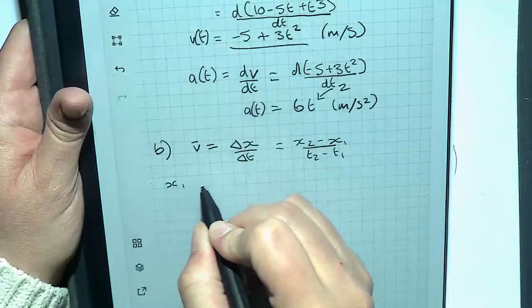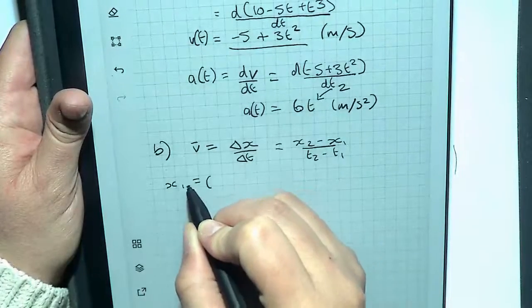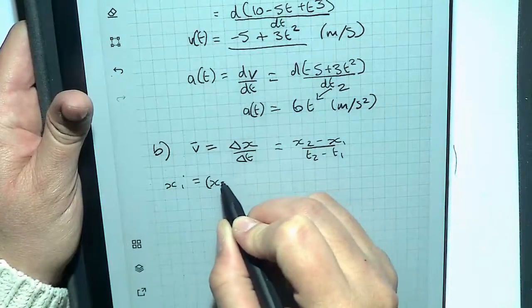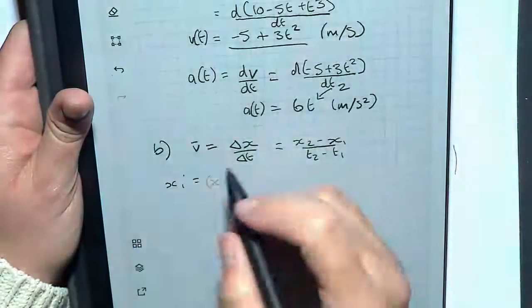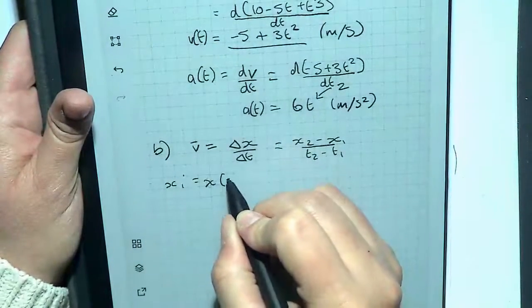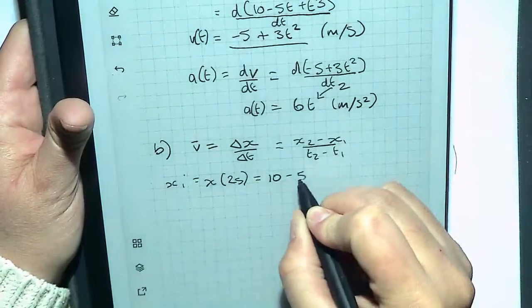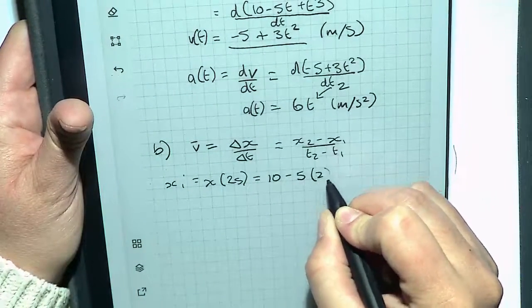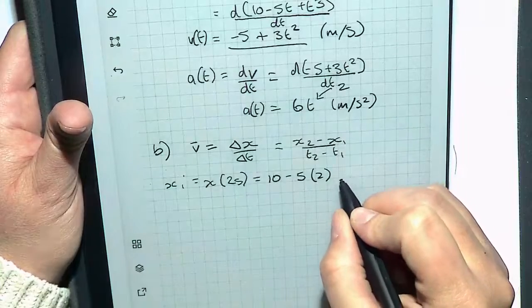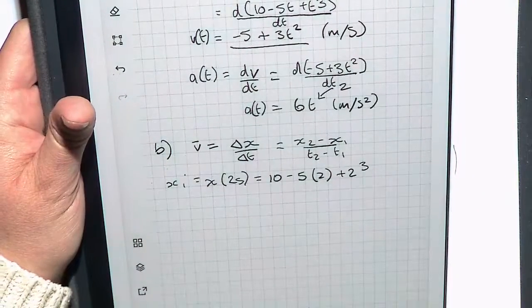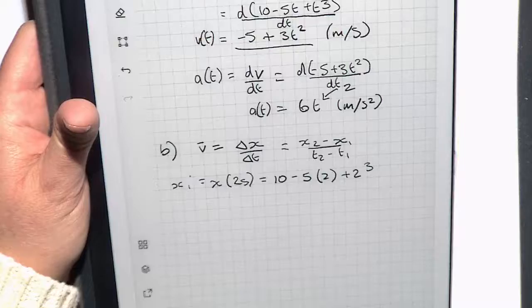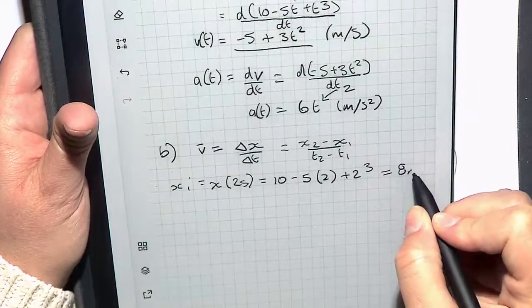So for X1, we're finding X at 2 seconds. We can have 10 minus 5, and then we'll have 2 plus 2 to the power of 3, and so we should get 8 meters.